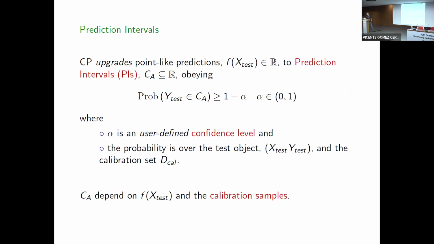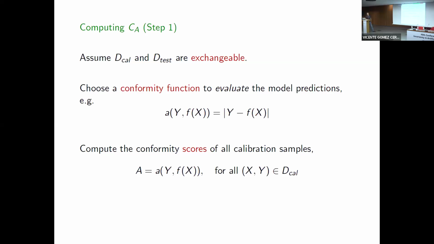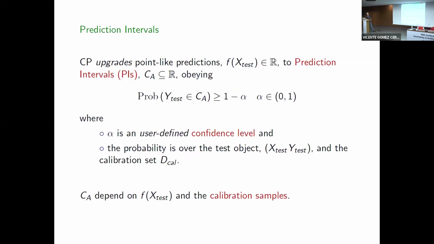The next 3 slides are just a review of how you compute the prediction interval. As usual, CP, or conformal prediction, is an uncertainty estimation tool. So it will promote a point prediction to a set. The set is living in the label space, and the set has the property that the true label is contained in the set with lower bounded probability.